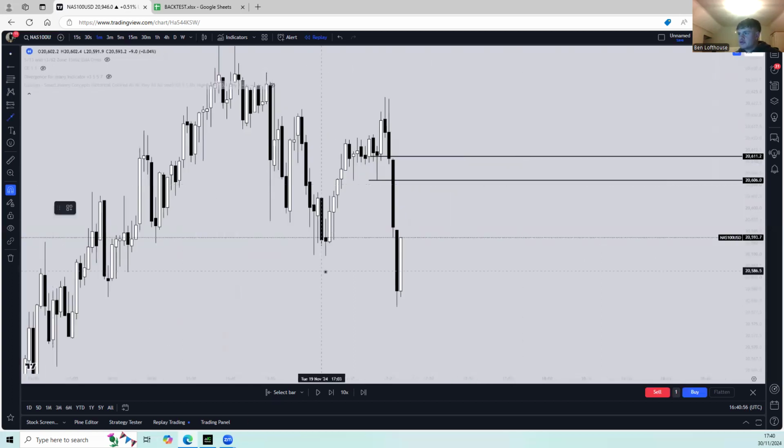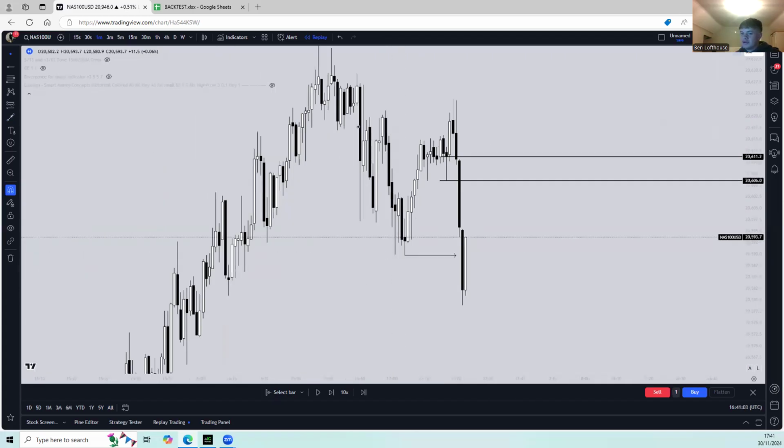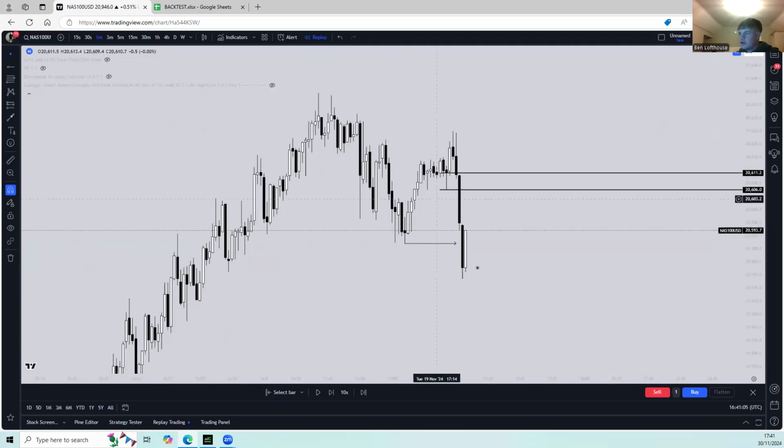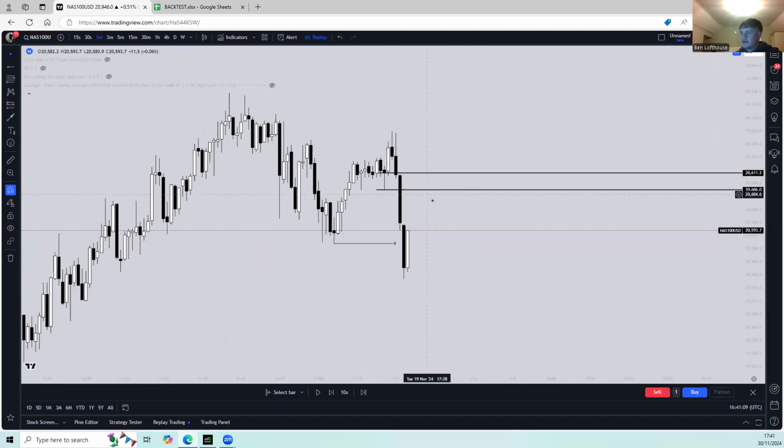If you get an impulse move down on a sell, it always takes the high. If you get an impulsive move like this, do not take the sell. I found that these impulsive moves always retrace back and go beyond this.